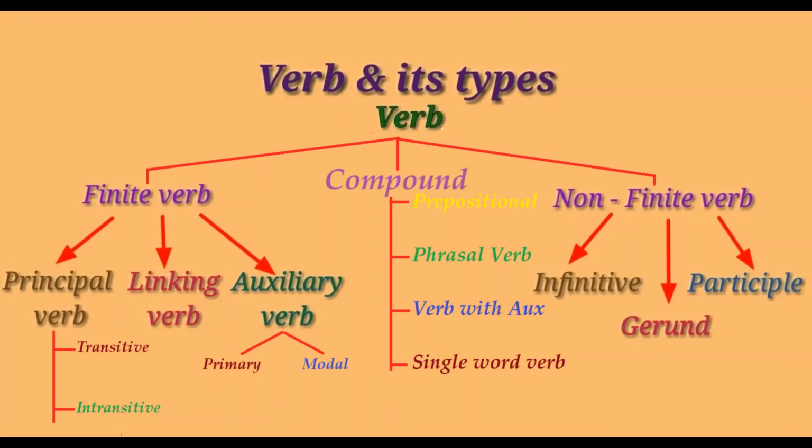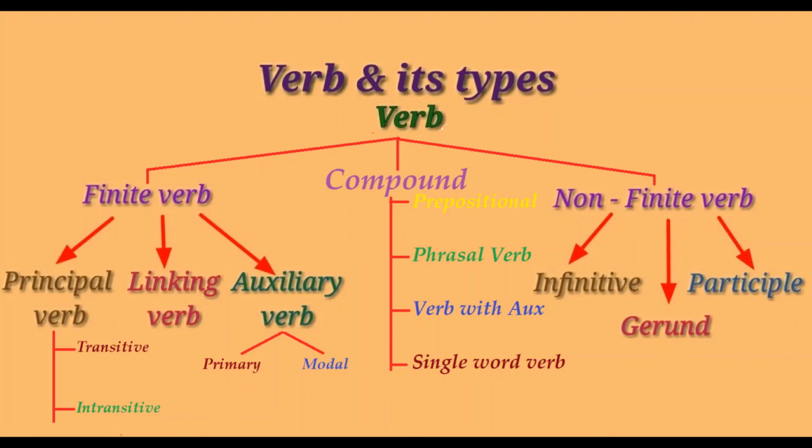Then we have seen the non-finite verbs. Non-finite verbs don't make any change in the sentence. They show no tense. It's never the main verb of the sentence. They are just gerunds, participles or infinitives.